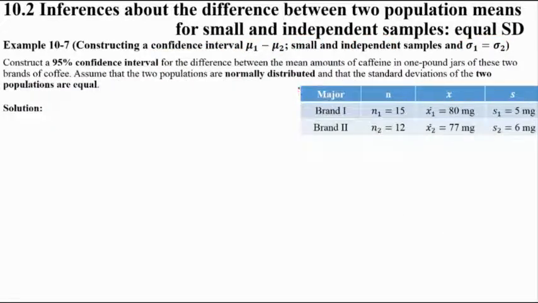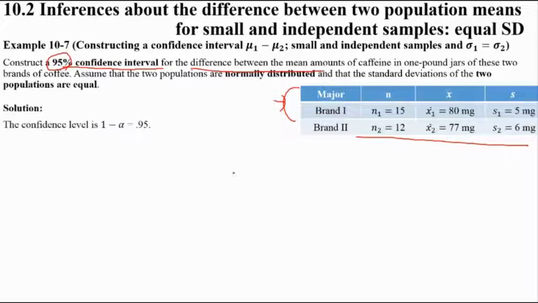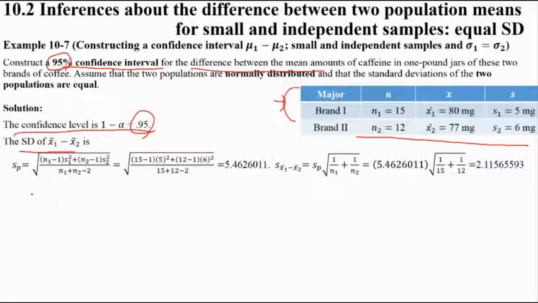Alright, getting to the problem. There's the data from the previous slide. We should find the 95% confidence interval for the difference between the means of the two samples, brand 1 and brand 2. The standard deviation calculation part is a little hard, but looks complex; we understand that, right?